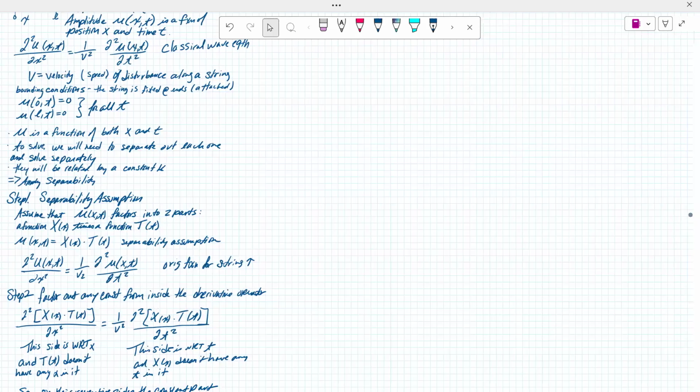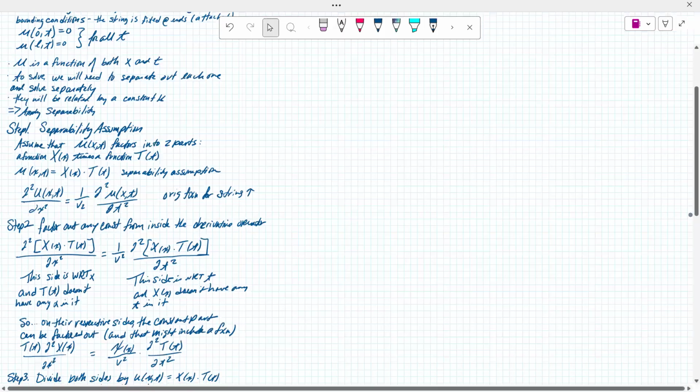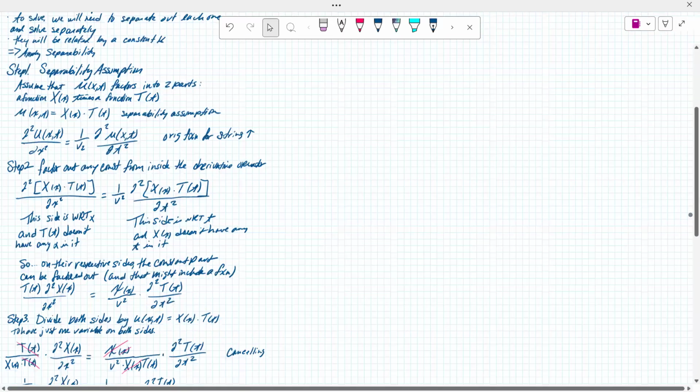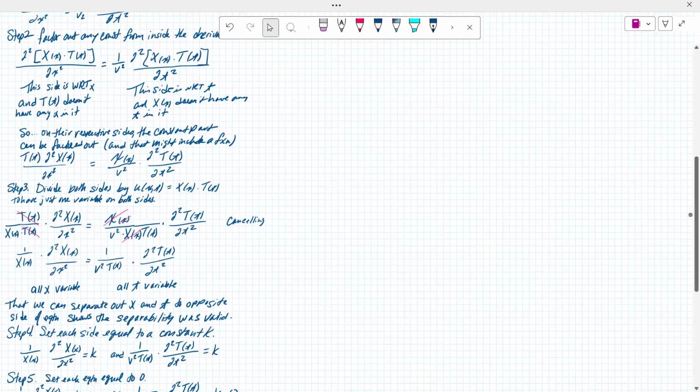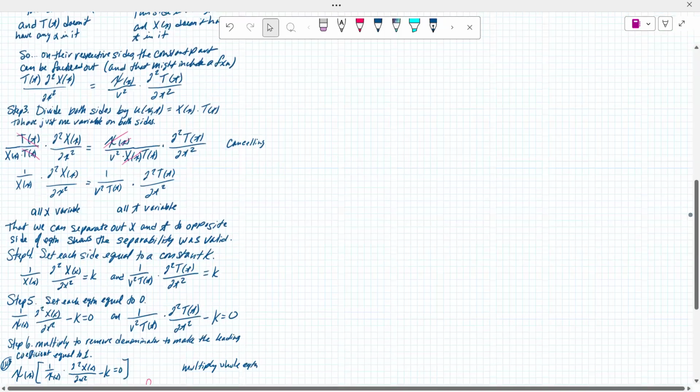So if I could get a second order linear homogeneous equation in just a single variable, then I could solve it. If I could separate out the x and t, then I would be able to do that solution. So that's what I've done. I've applied the separability assumption. And because we were able to separate it out, we demonstrated that it was in fact separable. And when we separated that out, we actually got two equations.